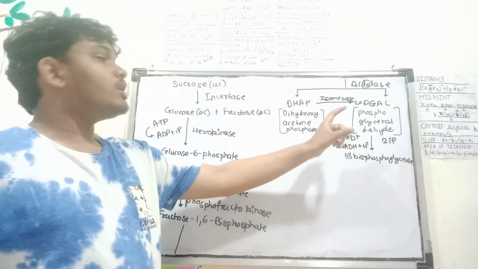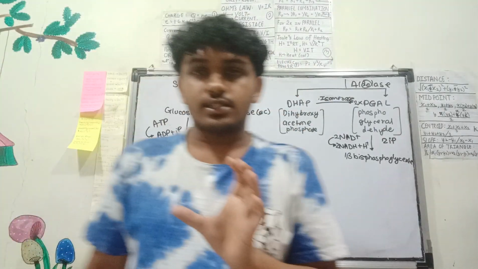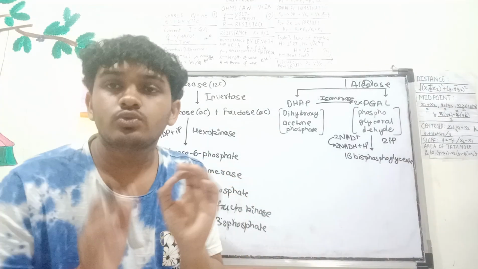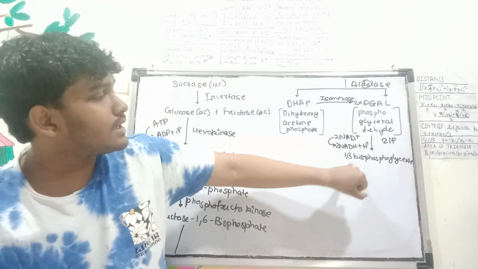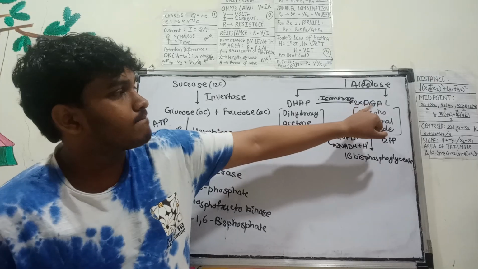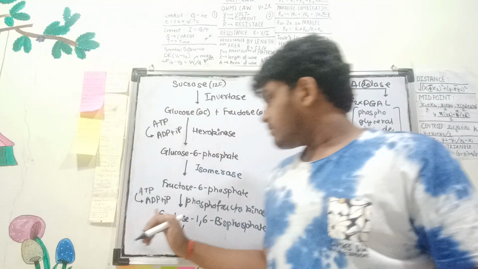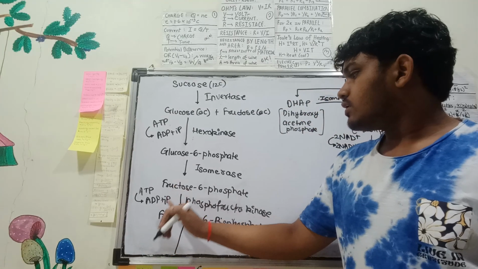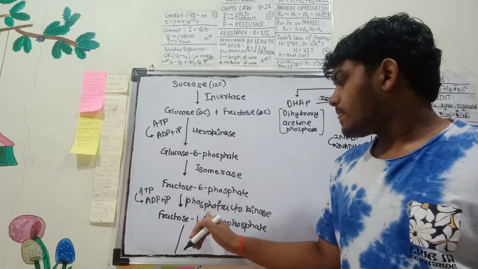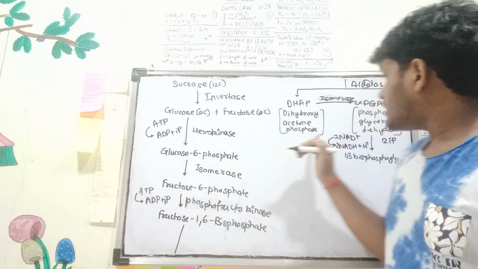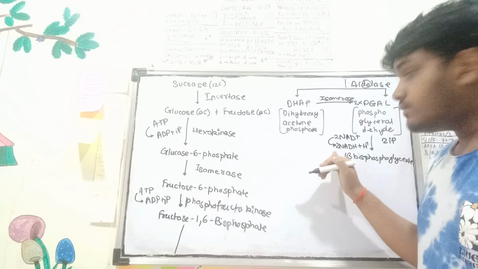Now what about the first part? What will come first? When NADH2 is used, always take the reactant's name. When ATP came, we use the product's name. But when NADH2 is used, we take the reactant's name.